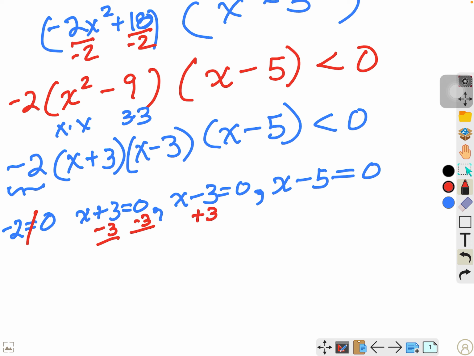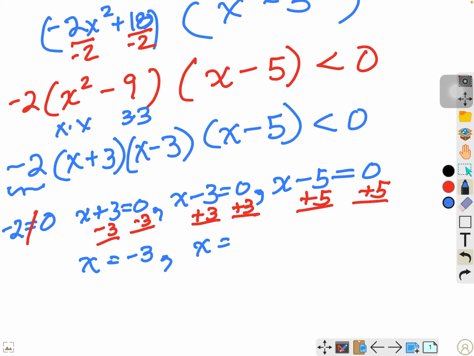Add 3 to both sides of the equation. Add 5 to both sides of the equation. And this is what we have left. X is negative 3, or x is positive 3, or x is 5. So those are our critical values.